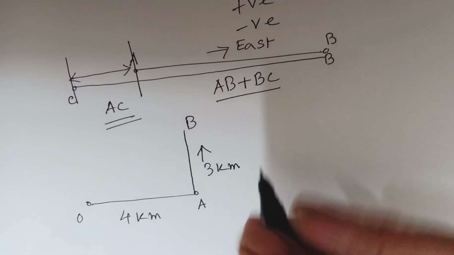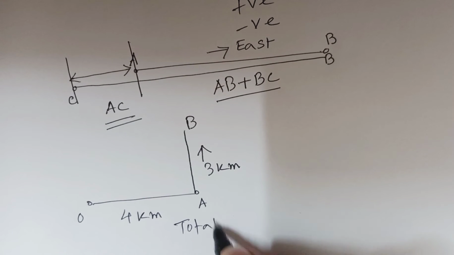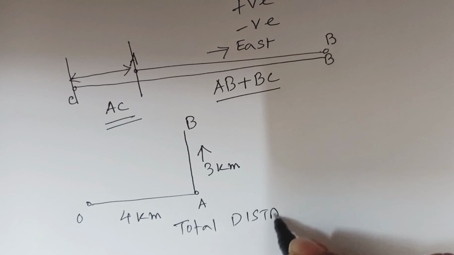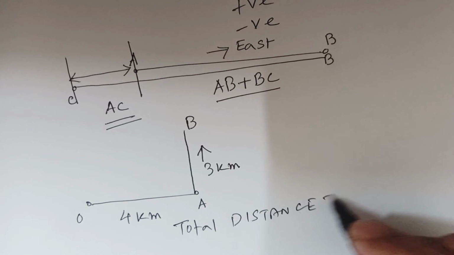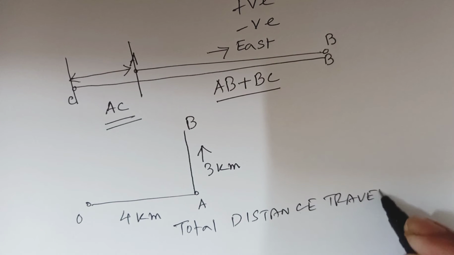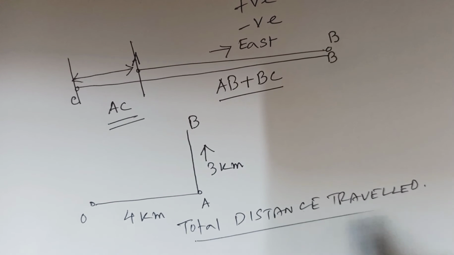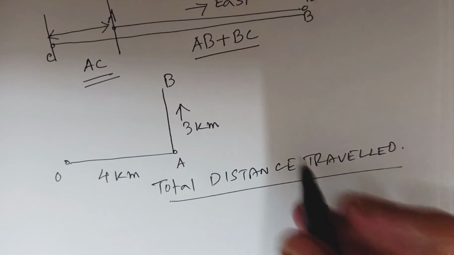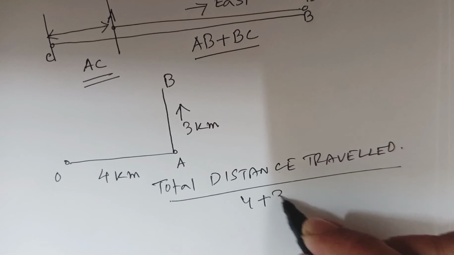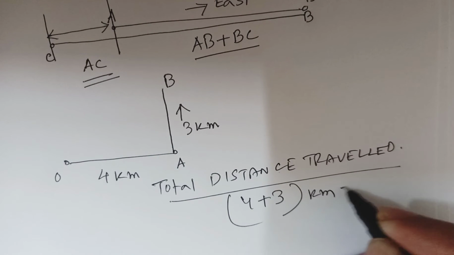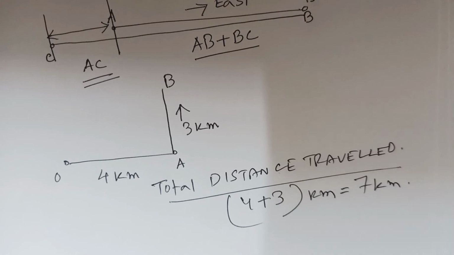So what will be the total distance traveled? The total distance traveled will be 4 kilometer plus 3 kilometer, that is equal to 7 kilometer.